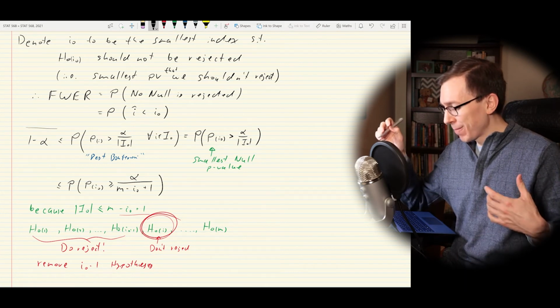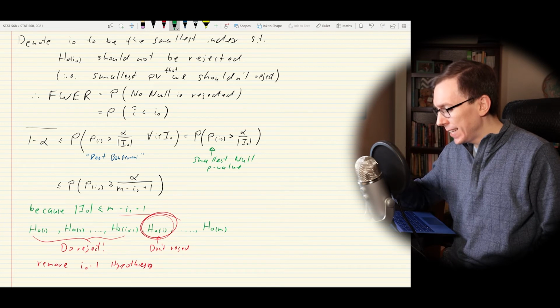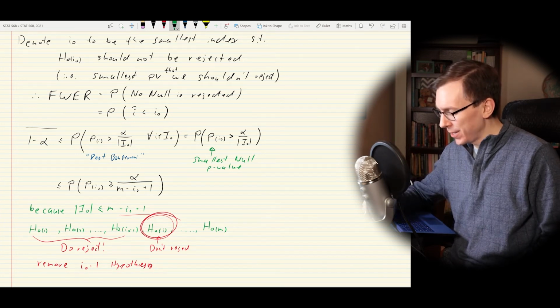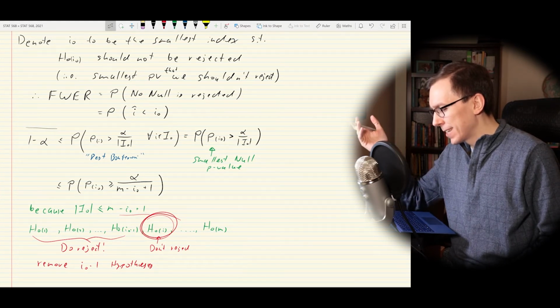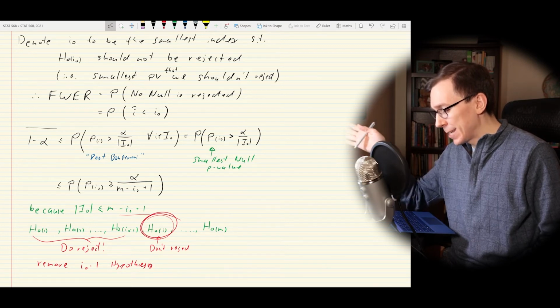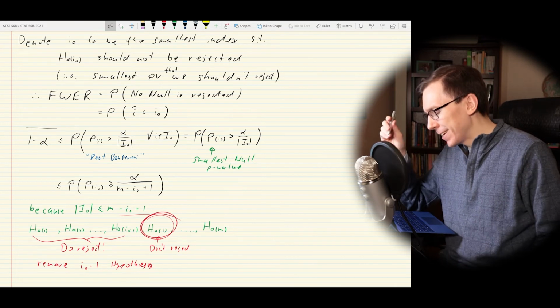Well, what I was saying was that I should change this to a less than or equal to here in green, because I'm throwing out I naught minus 1 hypotheses, but the rest of them could very well be true nulls, I guess you could say.